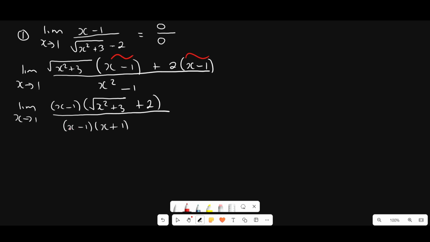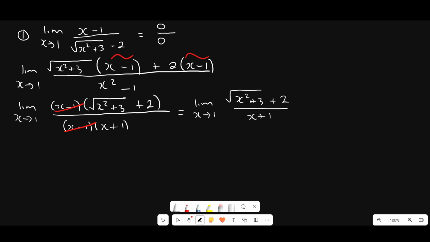Then these two are common, and hence I'll have the limit as x approaches 1 of the function the square root of x squared plus 3 and then plus 2, all divided by x plus 1.